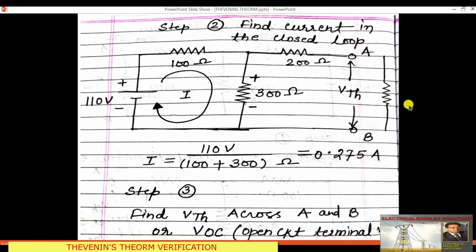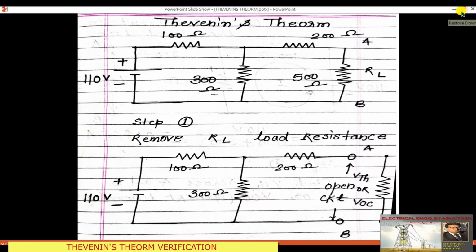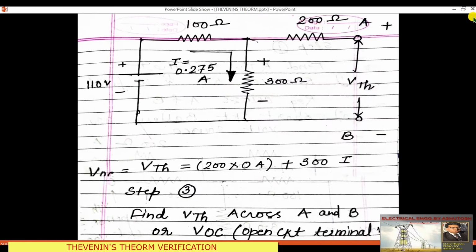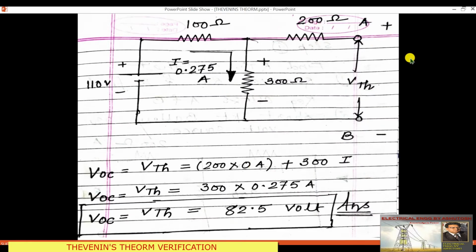Then in our third step, find VTH across A and B, across these output terminals, which will also be called the open circuit terminal voltage, VOC. We have already found the current, 0.275 ampere.